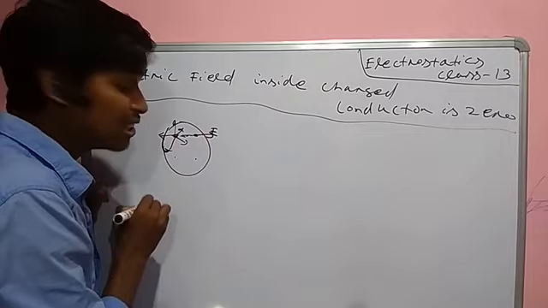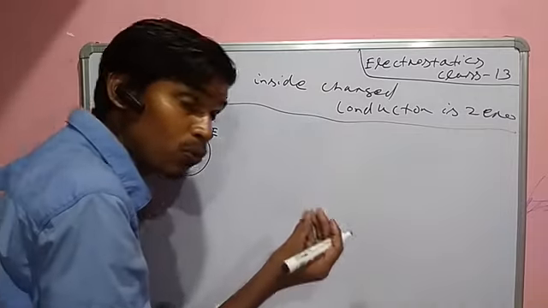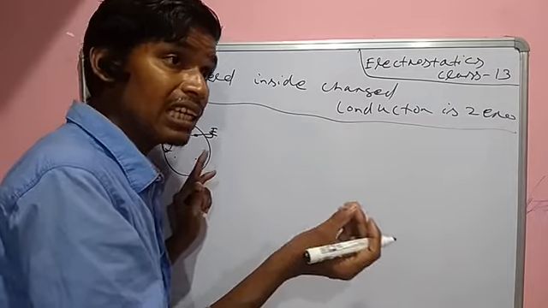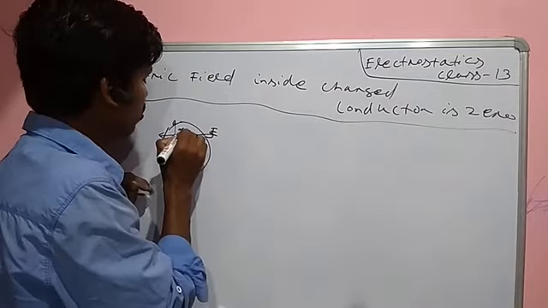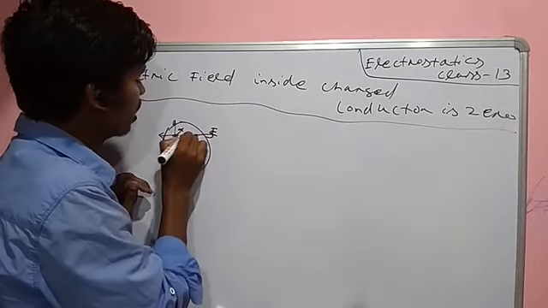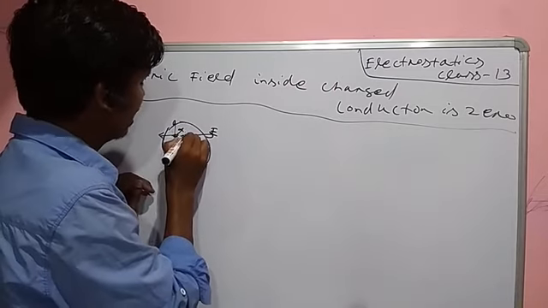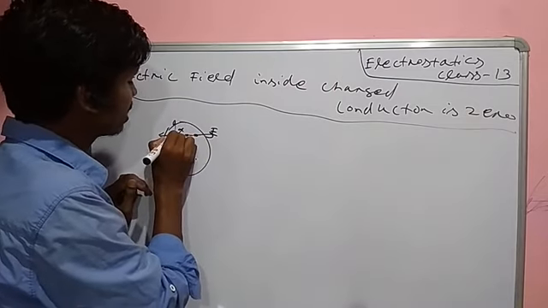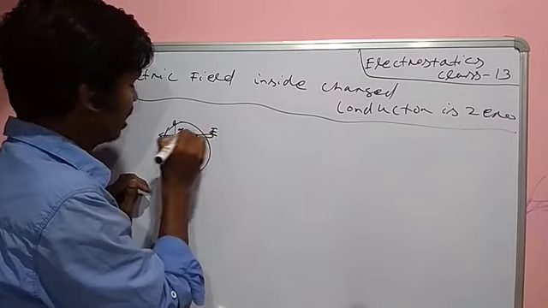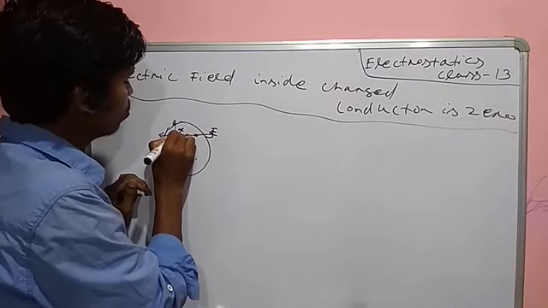That means we have to think along the line joining, in between two charges. Suppose this point here. At this point, due to this charge the field is in this direction. Due to this charge, this direction.